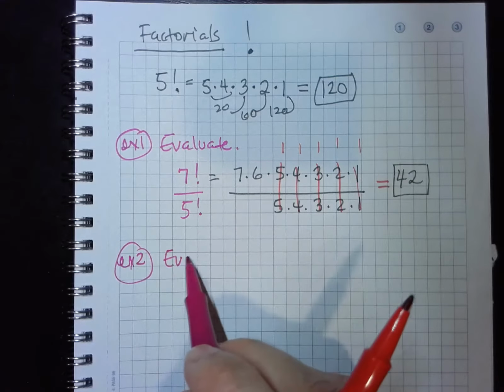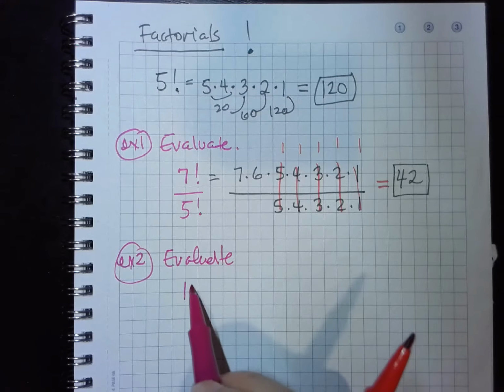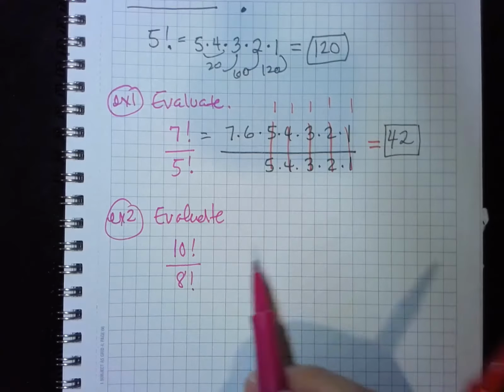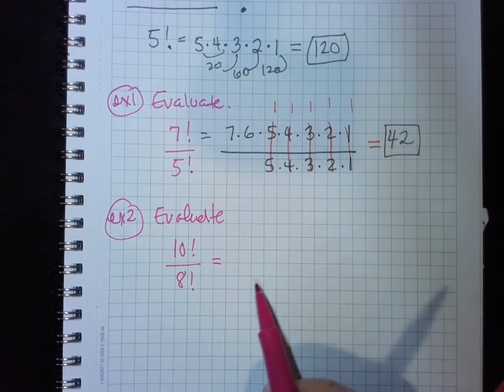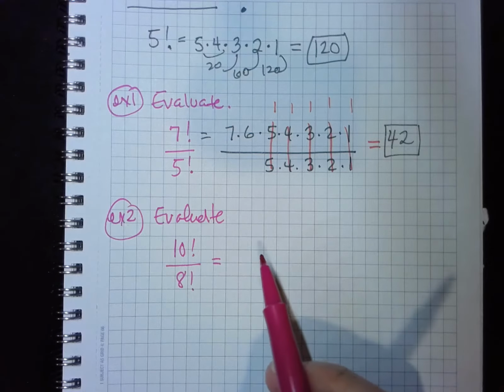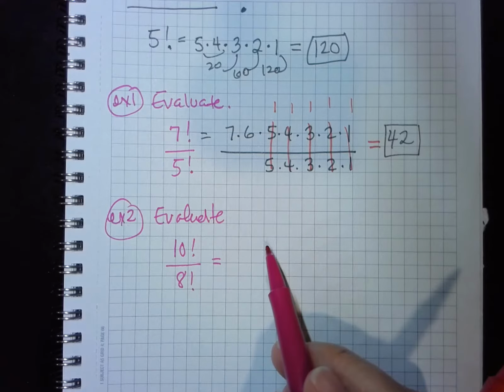So suppose I had to evaluate 10 factorial over 8 factorial. I know that 8 factorial is 8, 7, 6, 5, 4, 3, 2, 1, and 10 factorial is 10, 9, 8, 7, 6, 5, 4, 3, 2, 1. So from 8 on, it's going to divide out.